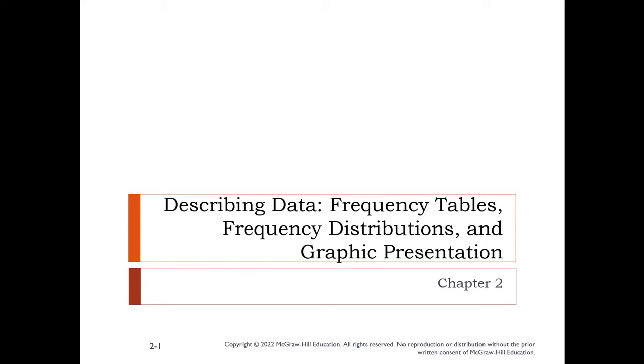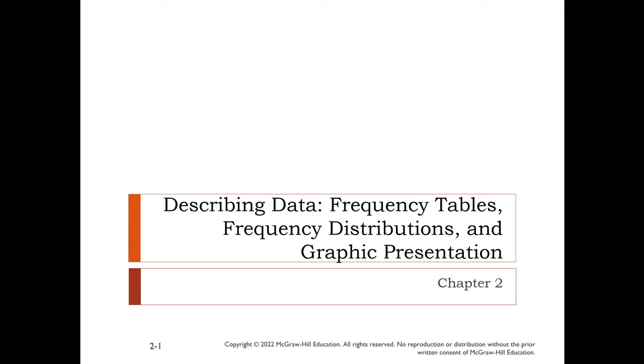Yes, you have now made it to the second chapter of Business Statistics, where we are starting to create different versions of data. In the next few chapters, we're going to be going over those.